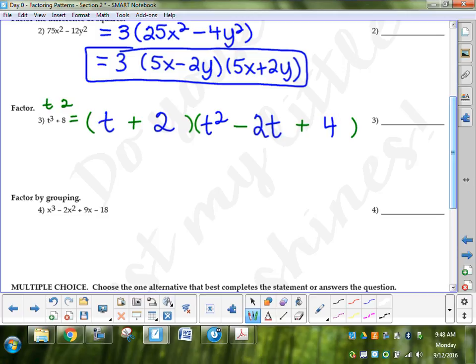Now, this is one of these things, and it's going to be different for some of you. Giving you a little bit of responsibility and self-governance sometimes bites you in the rear, because some of you go, oh, I'm pretty good on this. Those factor patterns really do need to be automatic.